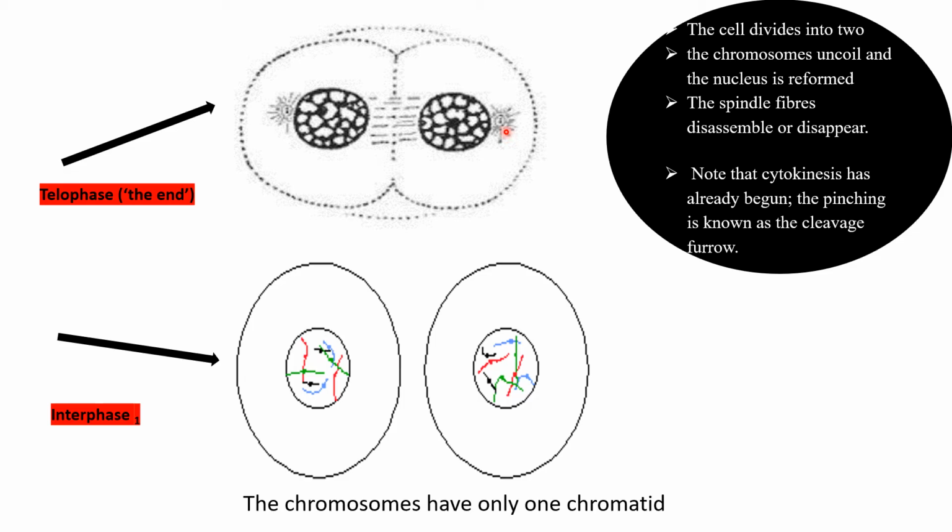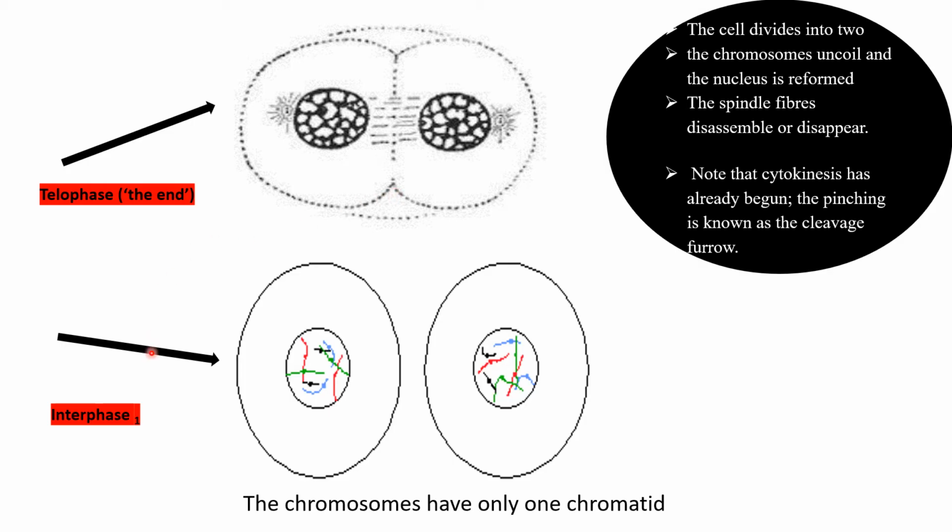You should note that telophase is different from cytokinesis, although cytokinesis has begun, running almost at the same time as telophase. This pinching that we see here is known as a cleavage furrow, and it is along this pinch that the cell will eventually divide.